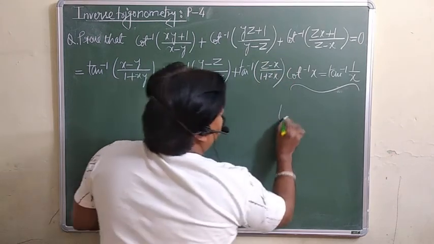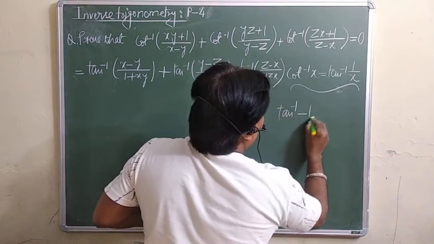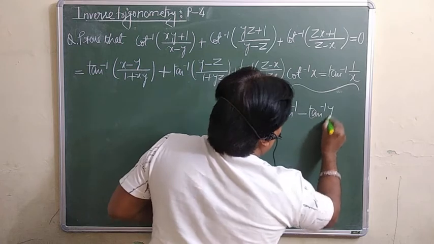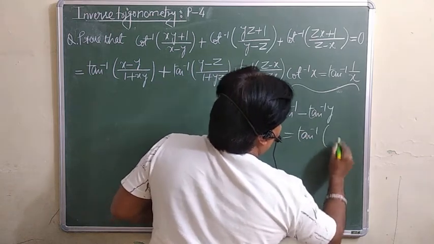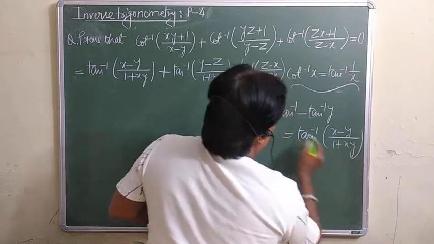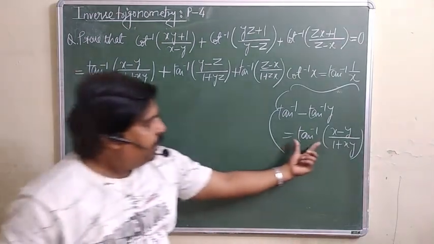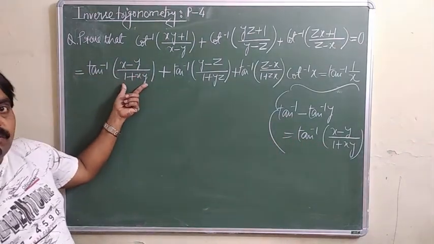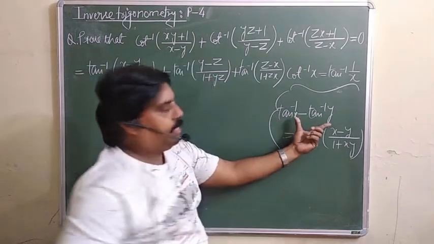We already know that tan inverse x minus tan inverse y is equal to tan inverse of (x minus y) over (1 plus xy). We know this formula, so we can apply it here. So tan inverse of (x minus y) over (1 plus xy) can be written as tan inverse x minus tan inverse y.